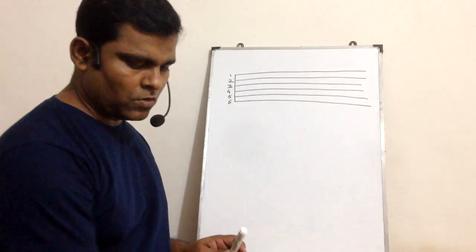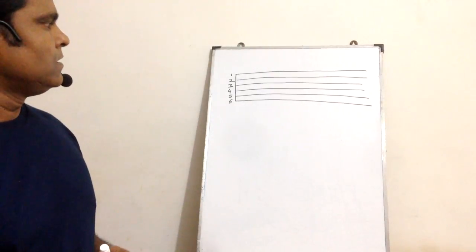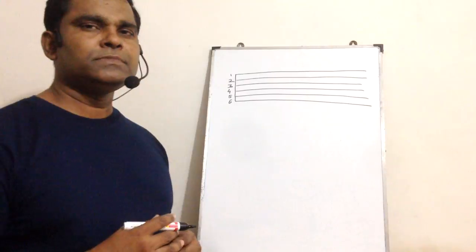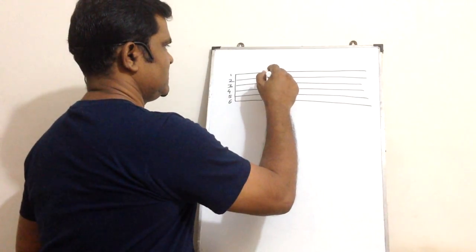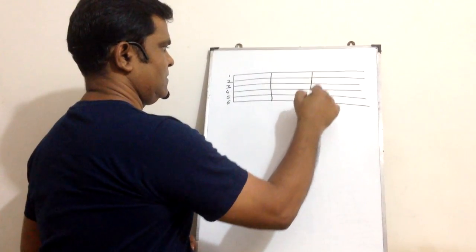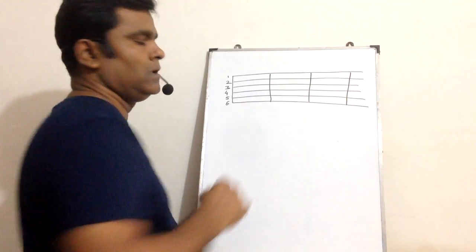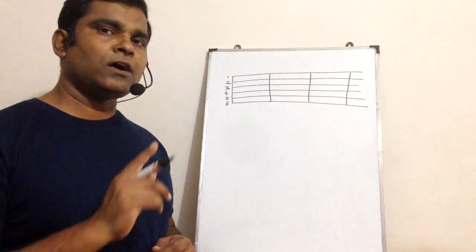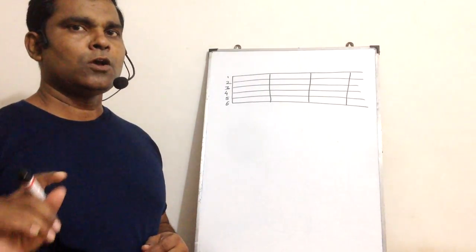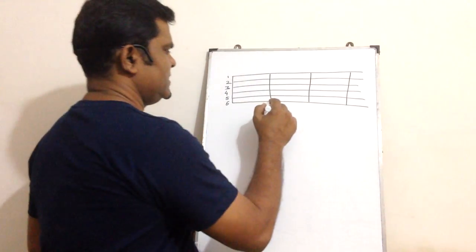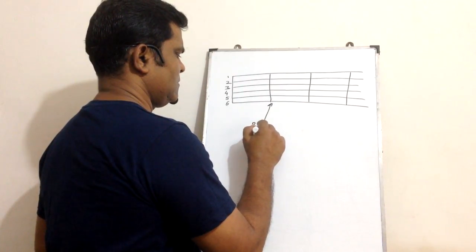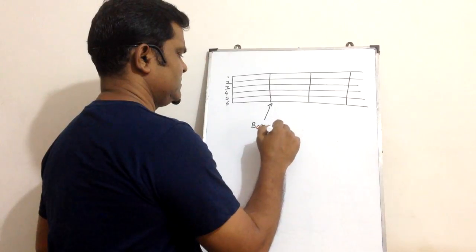Now there are a few more lines on these tab notations. There will sometimes be vertical lines like this. Now please note that these vertical lines are not the frets on the guitar, but these vertical lines are called bar lines.